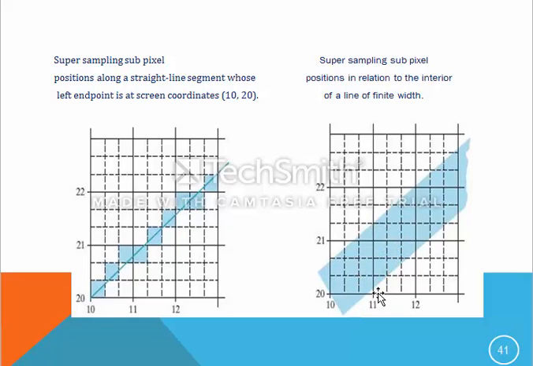As shown in this figure, we can represent this line with finite width by positioning the polygon boundaries parallel to the line path. Each pixel can now be set to one of 9 possible brightness levels above 0.